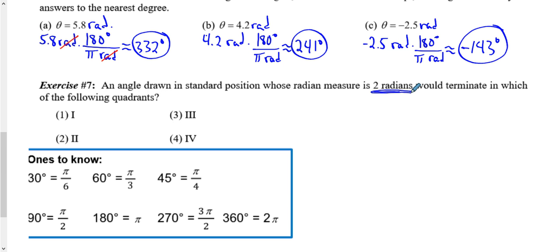It's less than 180, isn't it? Just look. I just want you thinking about it before. So this is pi radians out here, 3.14 of them. If they're talking about 2 radians, wouldn't that have to be less than pi radians, so less than 180?